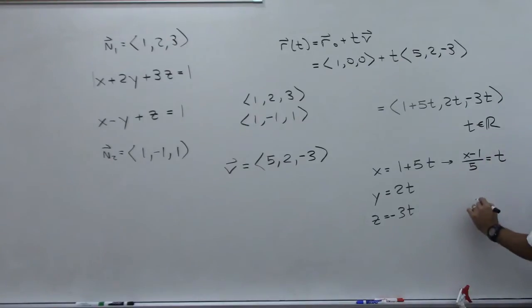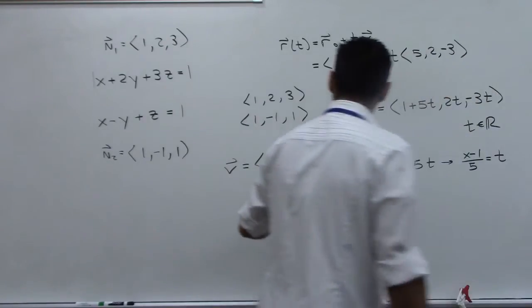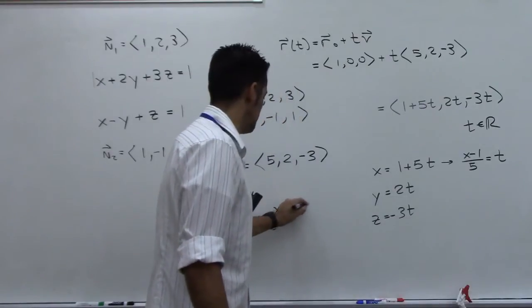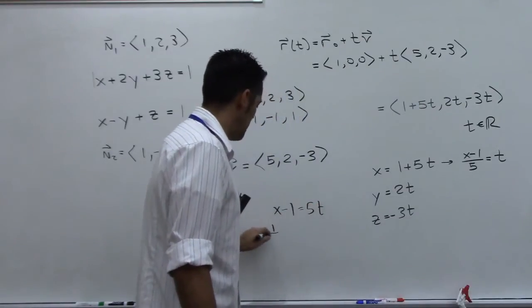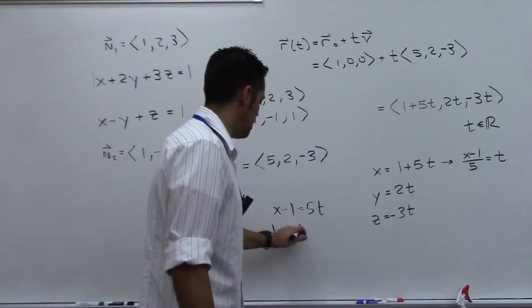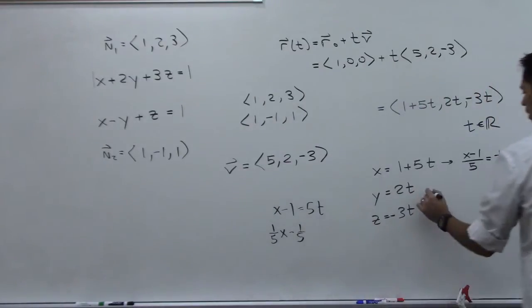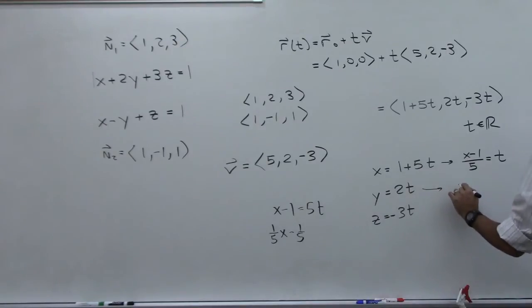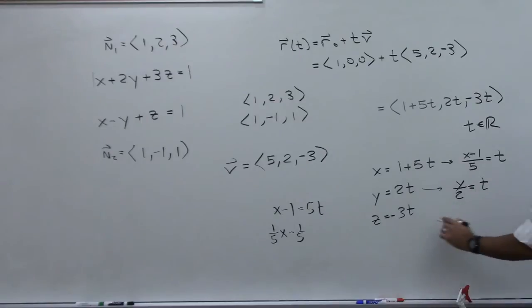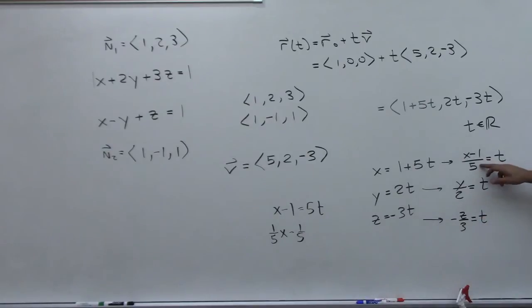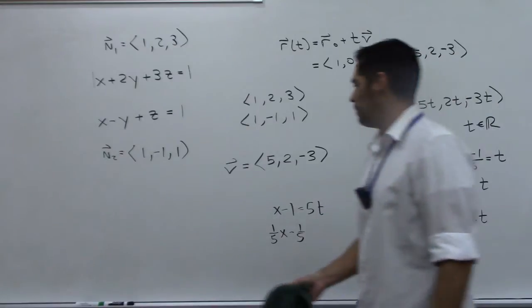Instead of writing x minus 1 equals 5t, and then dividing by 5 and putting 1/5 x minus 1/5, I just left the 5 on the bottom of everything. The book does that a lot. Over here, y over 2 is t, and over here, negative z over 3 is t. So if you set this equal to this equal to this, there's your symmetric equation.